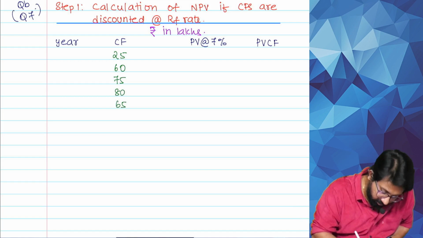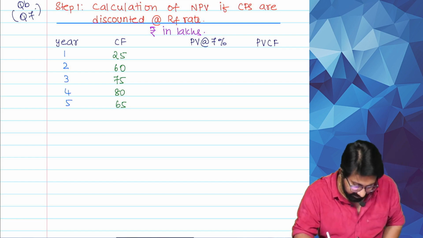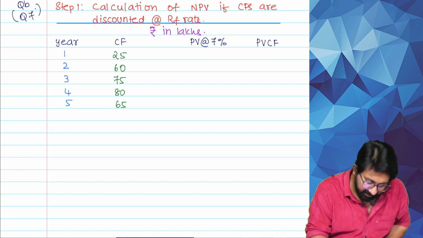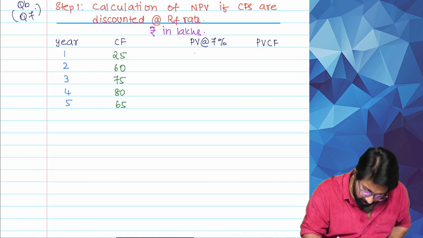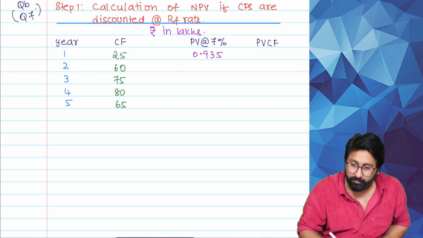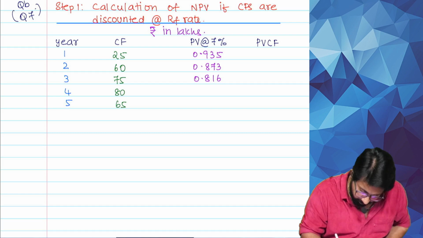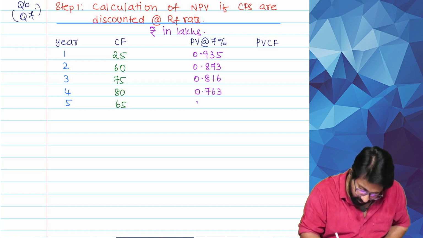These are all the cash flows. 7% discount rate. Please tell the numbers once. 935, 763.